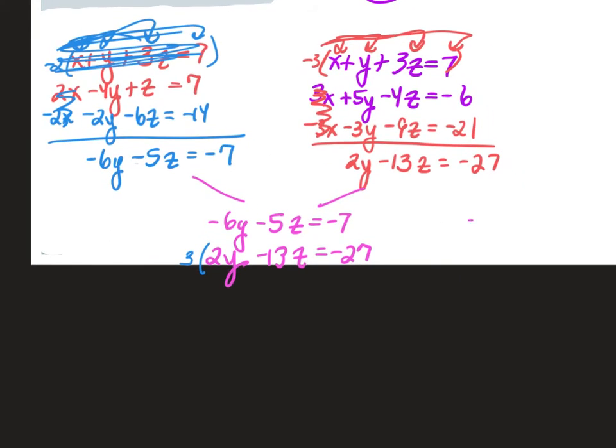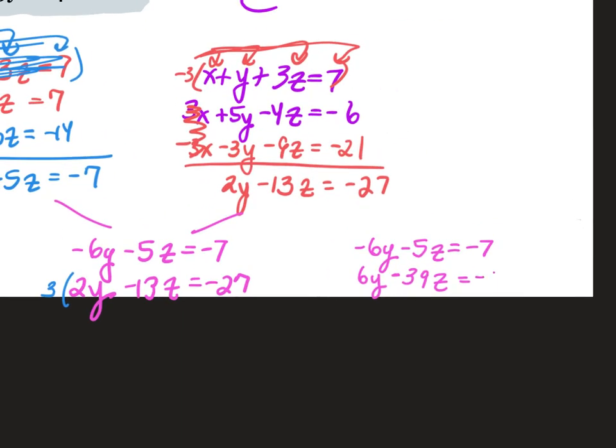So I'll do this over here. Negative 6y minus 5z equals negative 7. When I multiply, I get 3 times 2, 6y. What's 3 times negative 13? Good, negative 39z equals, what's 3 times 27? 81. Yep, so negative 81. Combine your y's, what happens?